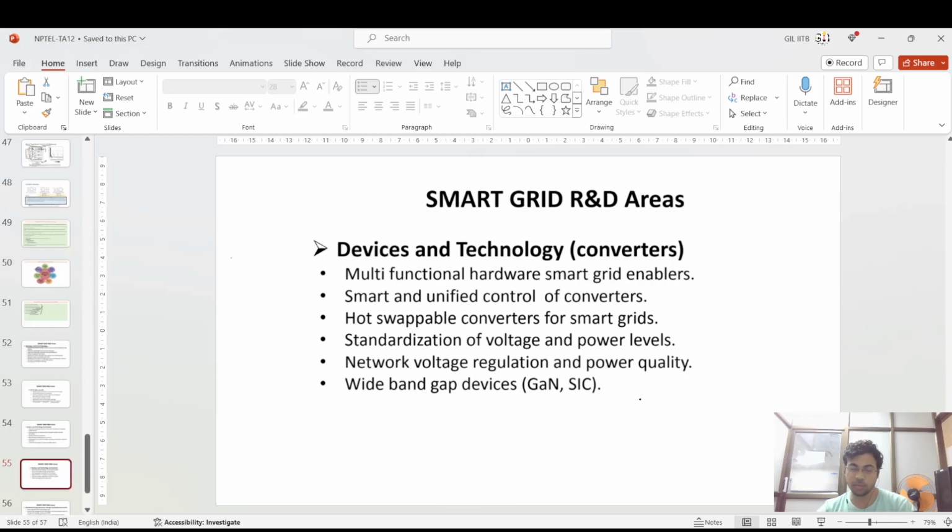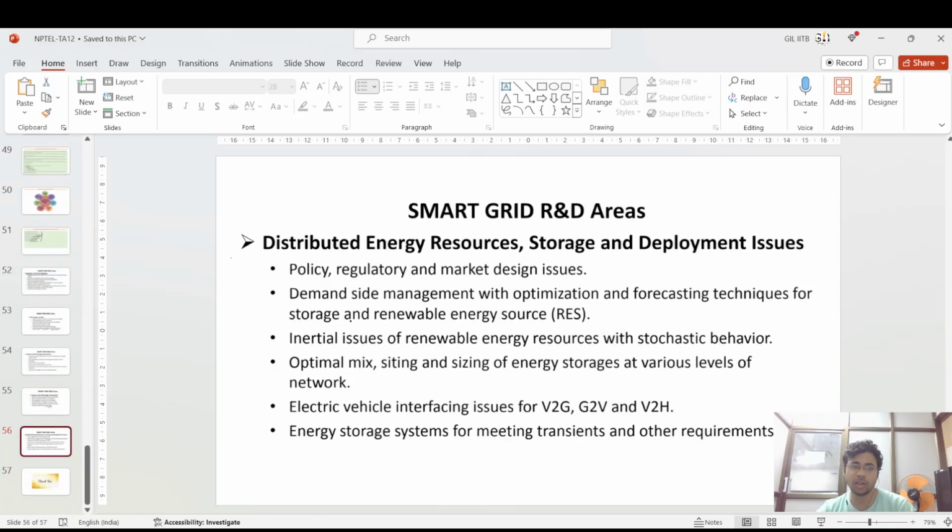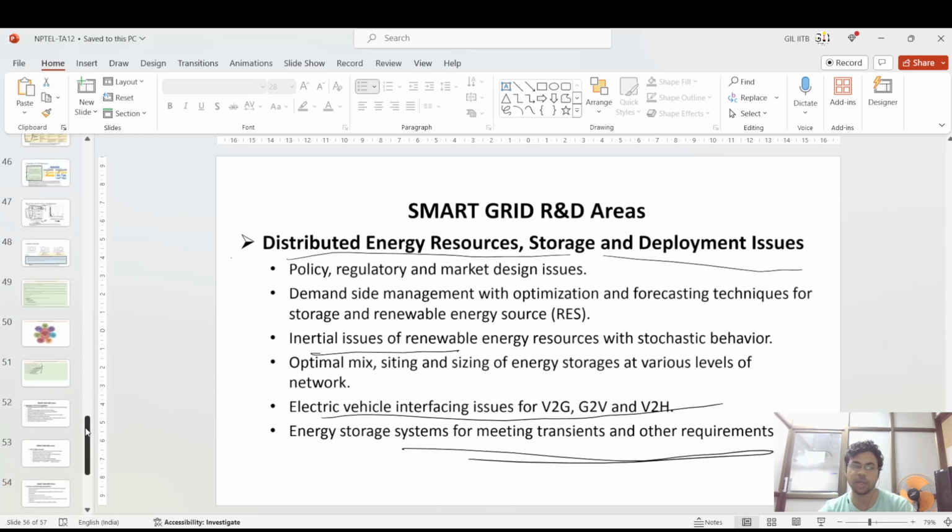The other is device technology at the device level, that is gallium nitride and silicon carbide based device manufacturing. And another main R&D area is distributed energy resources, storage and deployment issues, that is policy, regulations, cost-benefit analysis, interfacing issues of V2G, G2V and V2H, and meeting transients, and inertial issues.